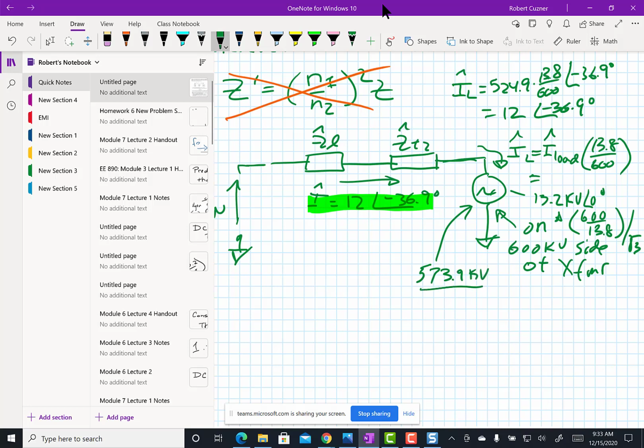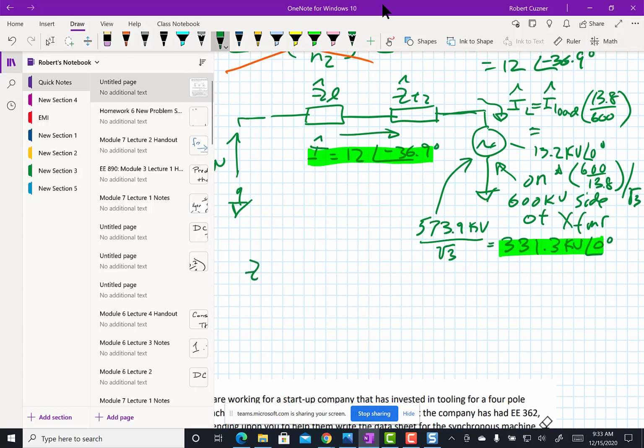Now this is the line to line, so divide that by square root of 3. I took 2 points off for not doing that, but I'm going to be taking more points off if people don't do this in the final, because you should know this by now. 331.3 kV, 0 degrees, okay? So that piece of information.